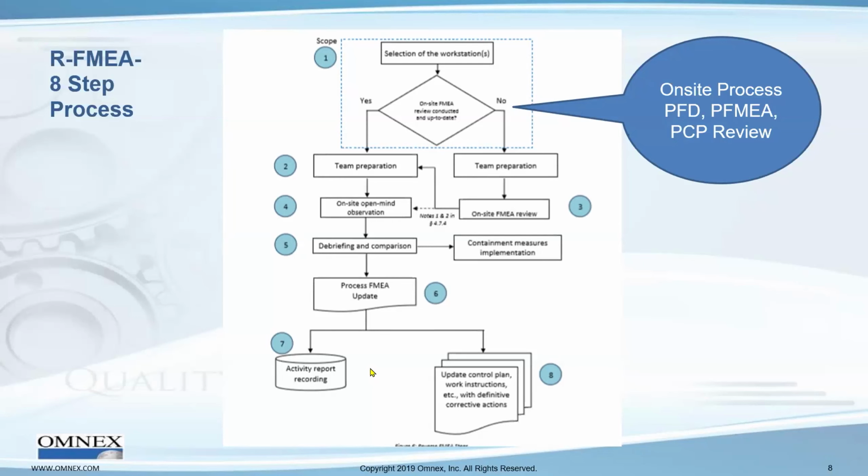So one of the things that can stall a reverse FMEA is we may find out that the PFMEA wasn't done very well. We may find issues in the control plan or in the flow chart. Well, before we can go on for a reverse FMEA evaluation, those areas of the documents have to be updated.